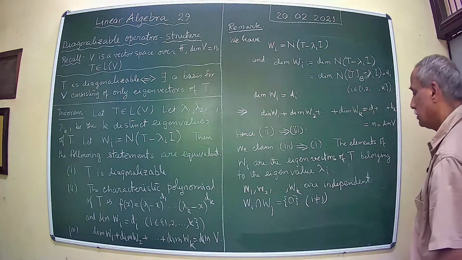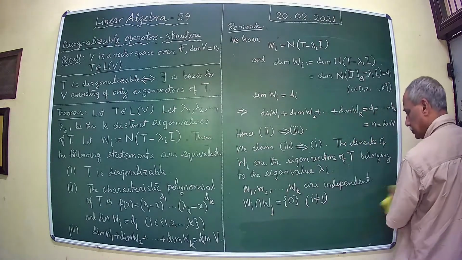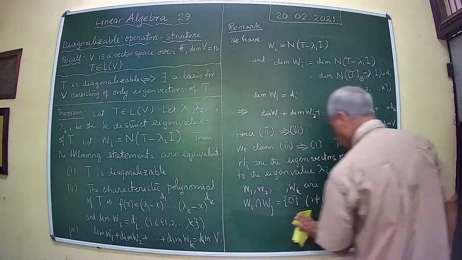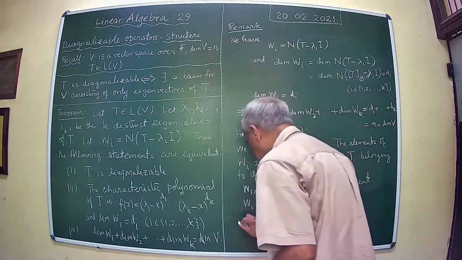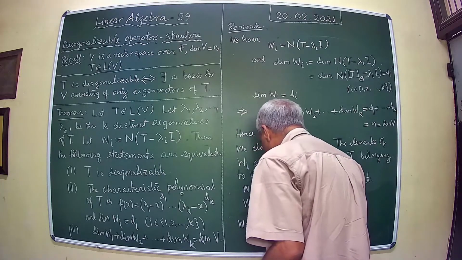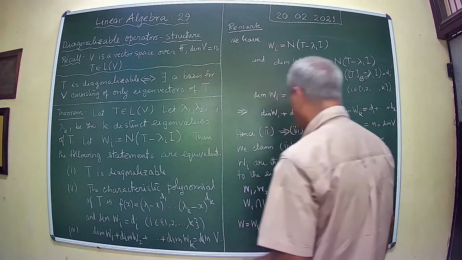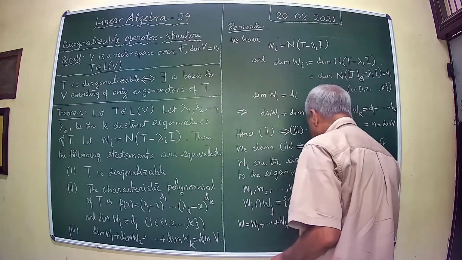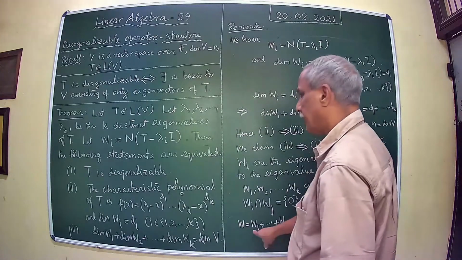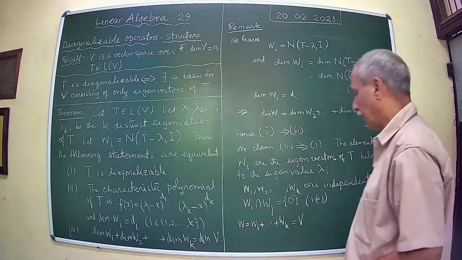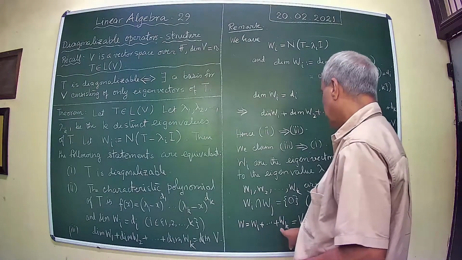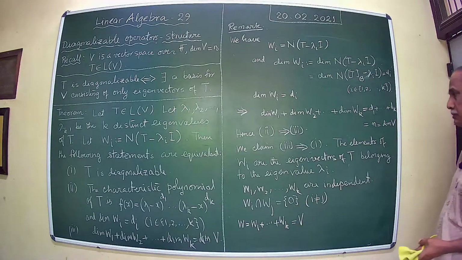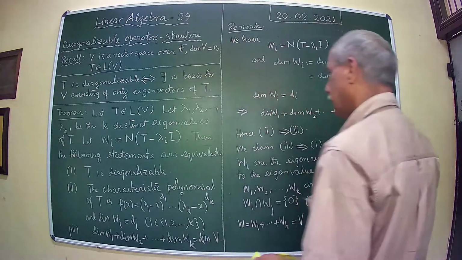So what is the consequence? The consequence is that W1 plus up to Wk is equal to V, because these are independent subspaces and each has dimension d1, d2, up to dk, and we already know that d1 plus d2 plus up to dk is equal to n, which is the dimension of V. That's what we have assumed.